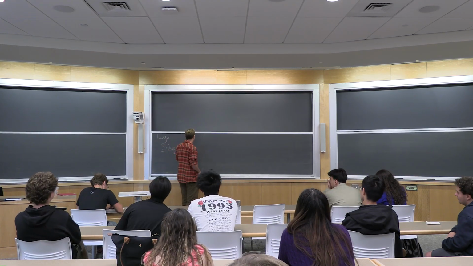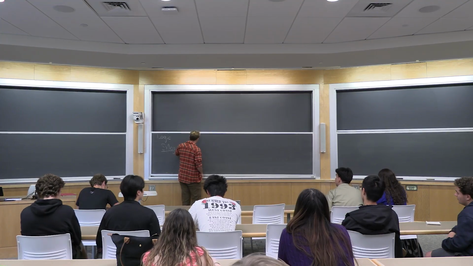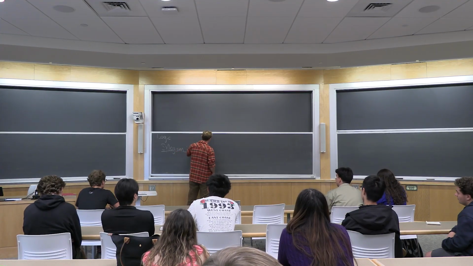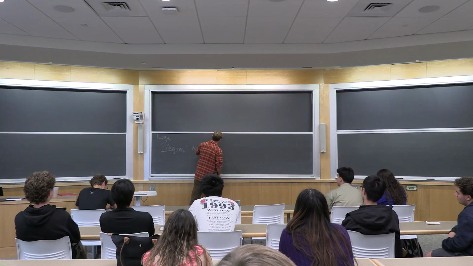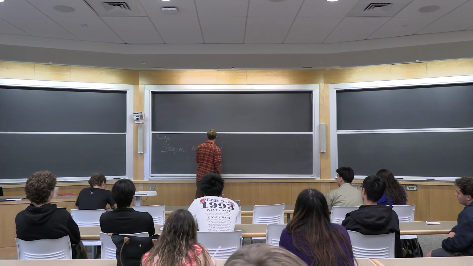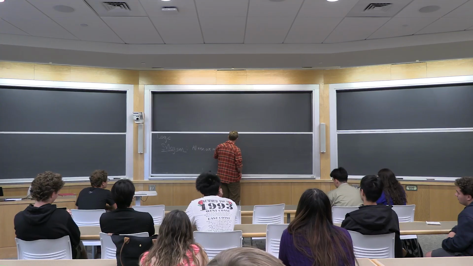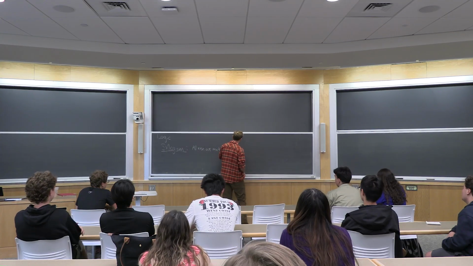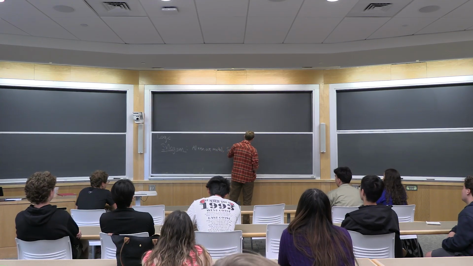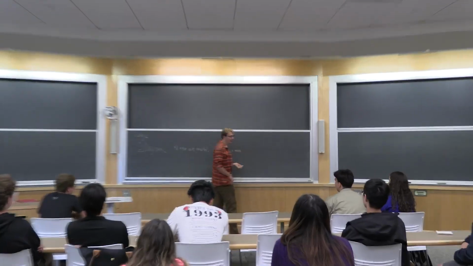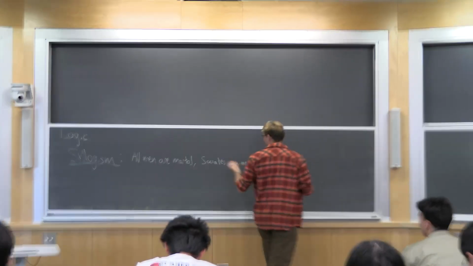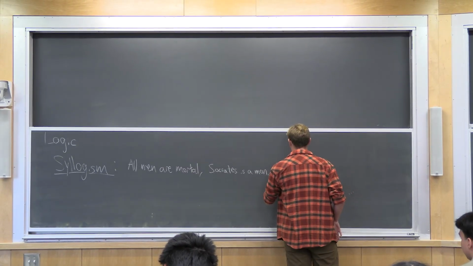So, for example, all men are mortal, first premise. Socrates is a man, and thus the conclusion is that Socrates is mortal.